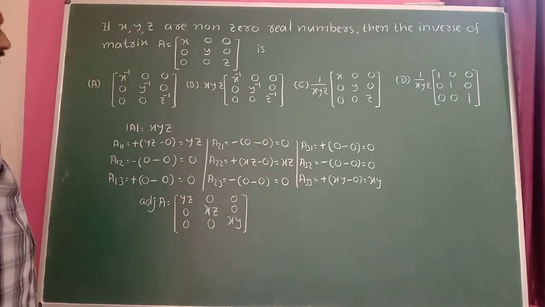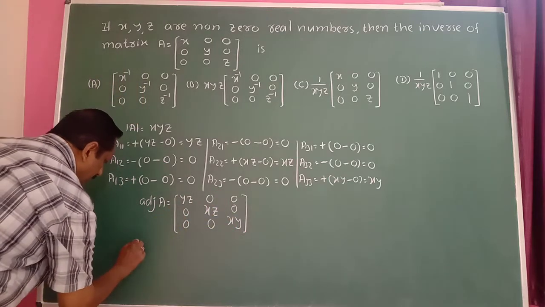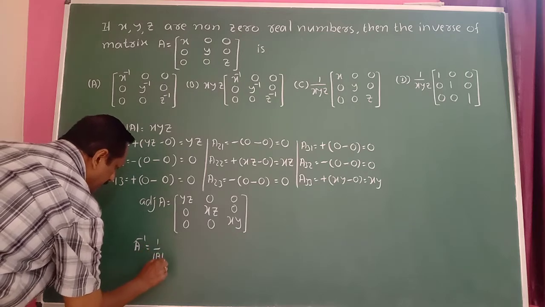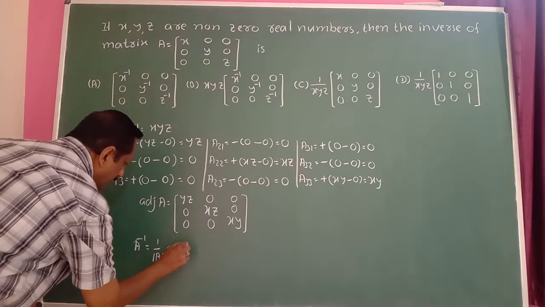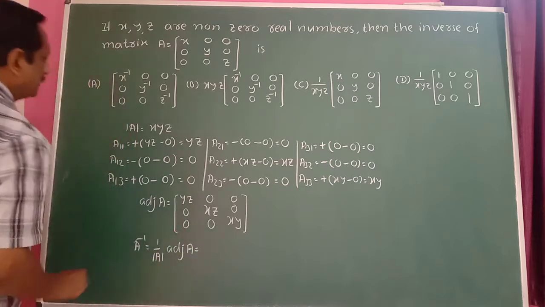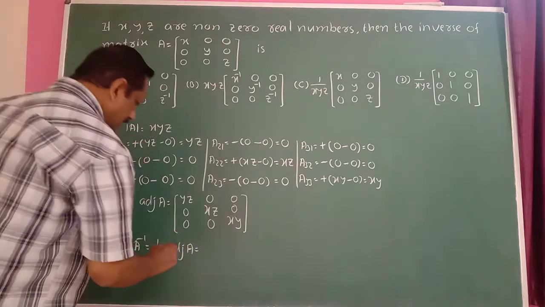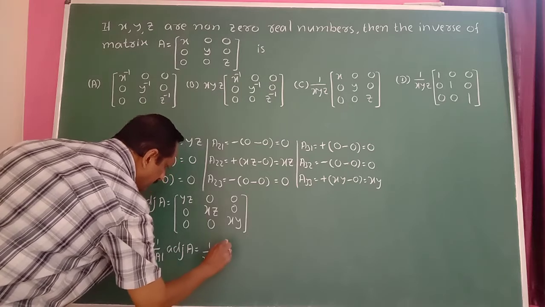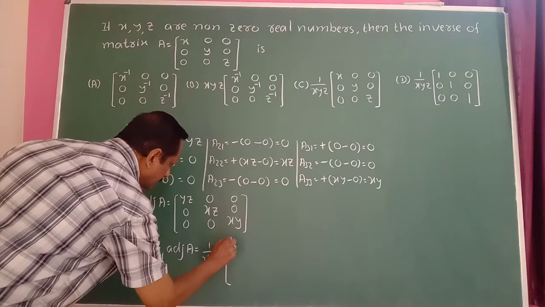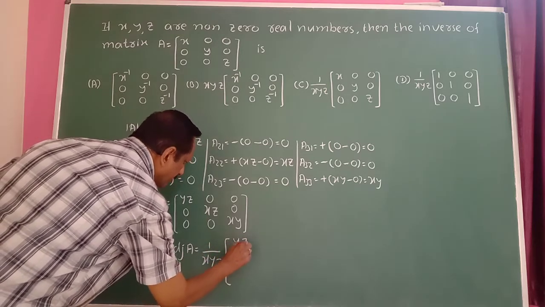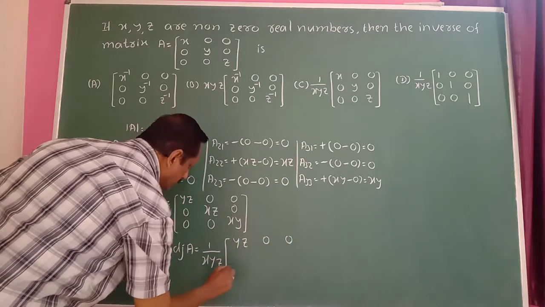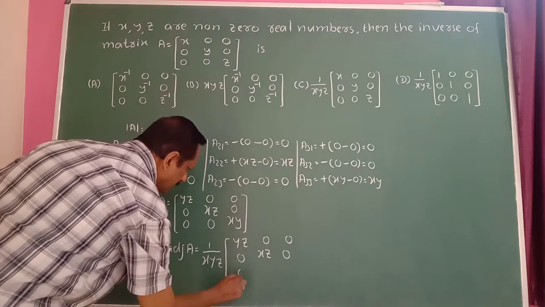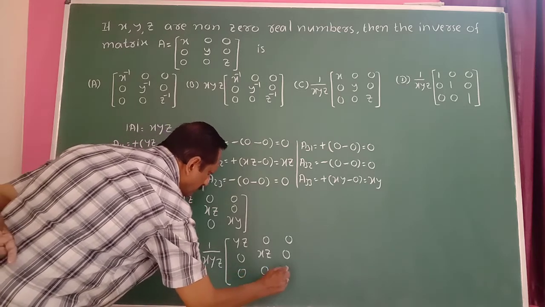Then A inverse is 1 upon determinant of A into adjoint of A. Determinant of A is xyz. So 1 upon xyz into the matrix: yz, 0, 0; 0, xz, 0; 0, 0, xy.